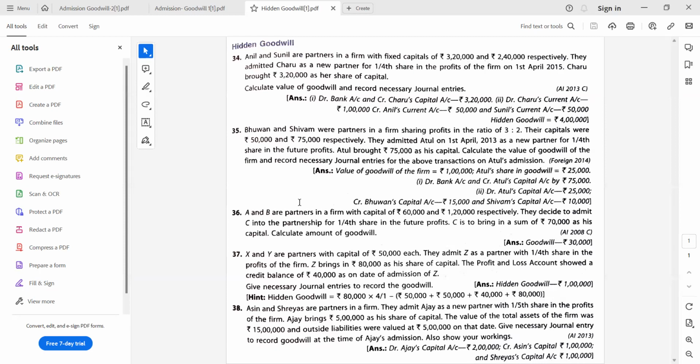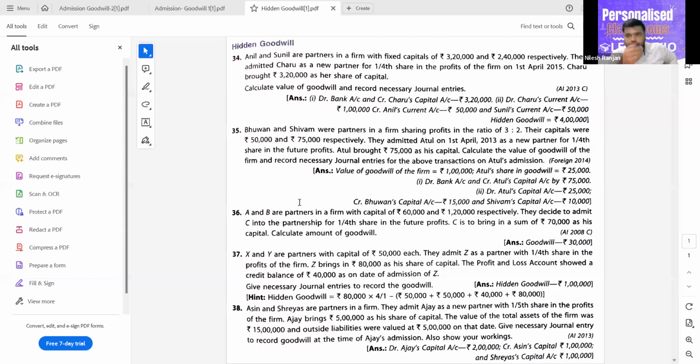So what should we do with the credit balance? This is an adjustment that I told you about. We have to calculate adjusted capital first. This profit and loss is generally distributed between partners in their old profit sharing ratio.